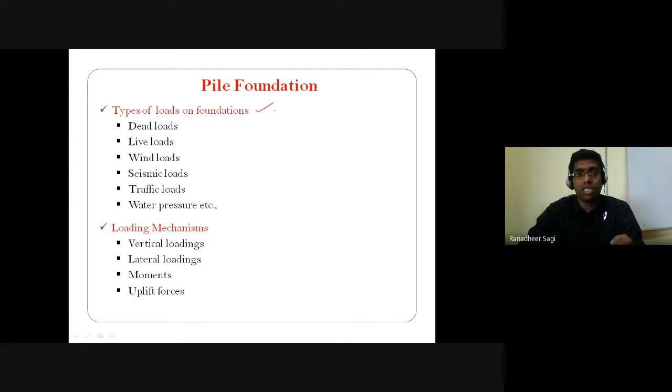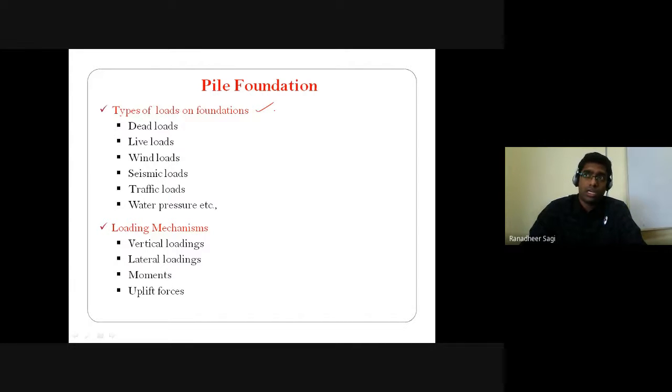So is it that all these loads are considered every time? It is not so. It depends on the structure for which you are taking up the design of that particular pile foundation or deep foundation. If the pile foundation is for a building, I need not consider the traffic load, and preferably not the water pressure.